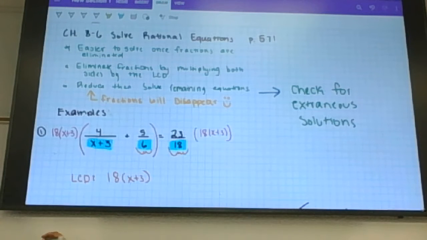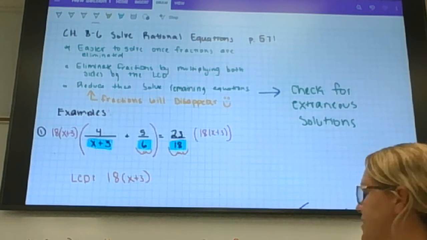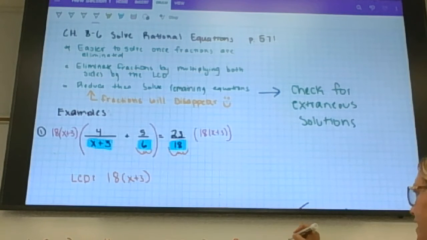So I'm going to do 18 parentheses x plus 3 times the first fraction. And then I get a plus sign. I'm going to write it again. 18 parentheses x plus 3 times the second fraction. Then I'm going to write it again. 18 parentheses x plus 3 times the last fraction.